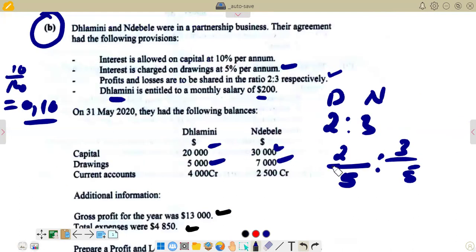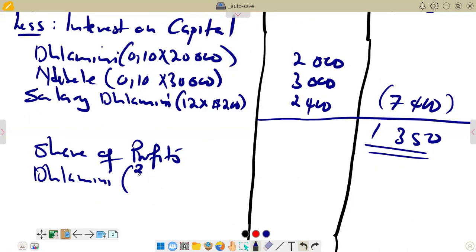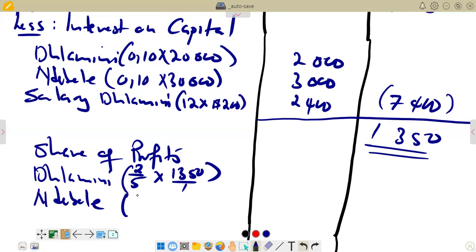We got our 2 over 5 for Damini, then we multiply by 1,300. Then we do the same thing to Tebele. Remember, for Tebele, we are saying 3 over 5, multiplied by 1,300. So we need to calculate each one.